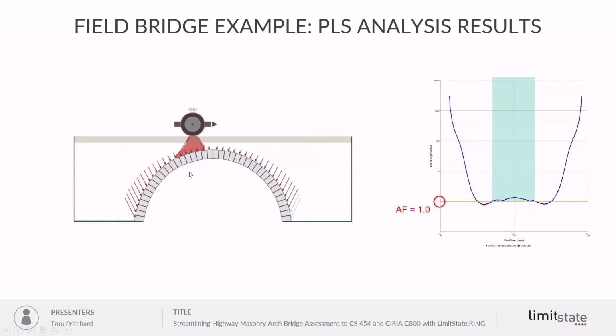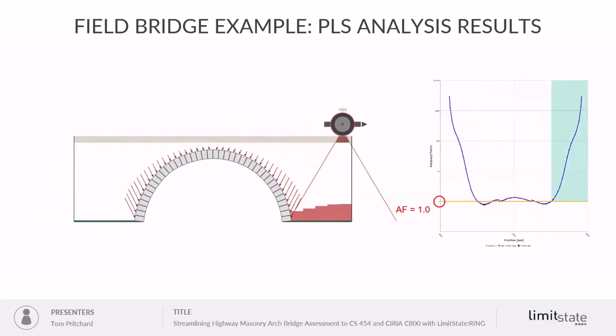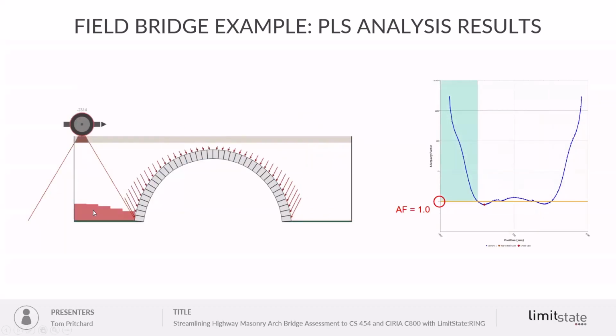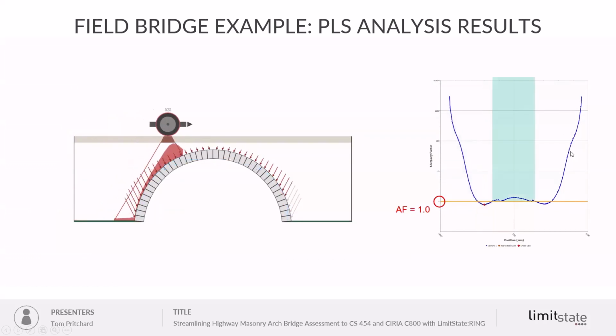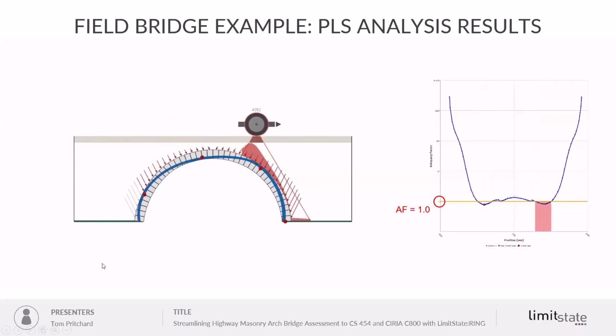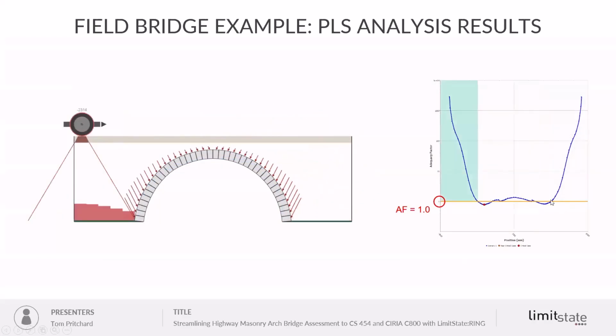And for a permissible limit state analysis, a good way to visualize the situation is that we're not going to be too concerned about the undue damage in load positions that correspond to a PLS adequacy factor above 1. So these bits that come out blue here, but we are concerned where the value dips below 1, so below this yellow line.